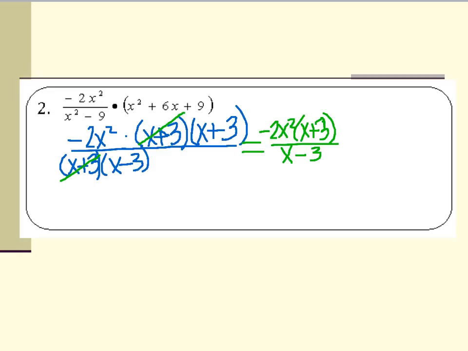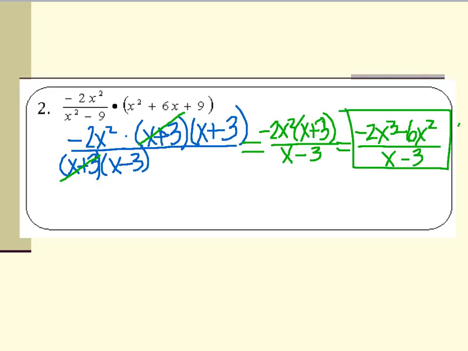You've got to simplify it. So let's just distribute. Negative 2x squared times x is negative 2x to the third. Negative 2x squared times a positive 3 is minus 6x squared, and the bottom stays x minus 3. So here's our answer.